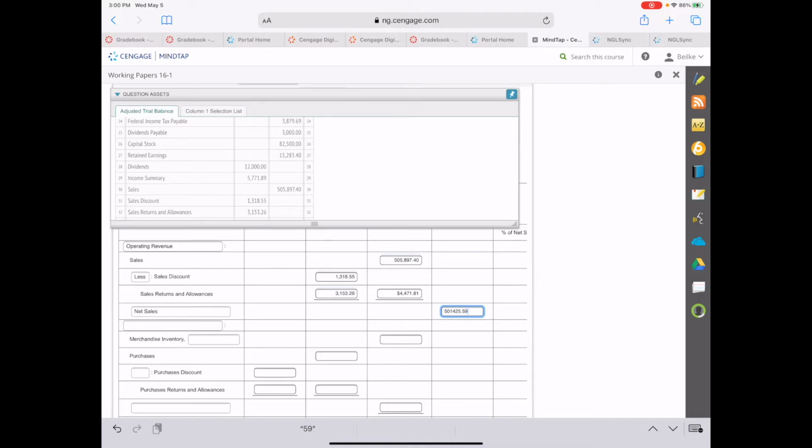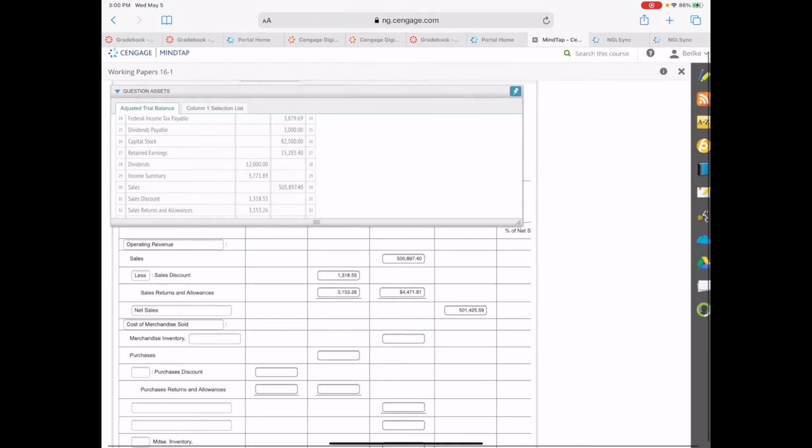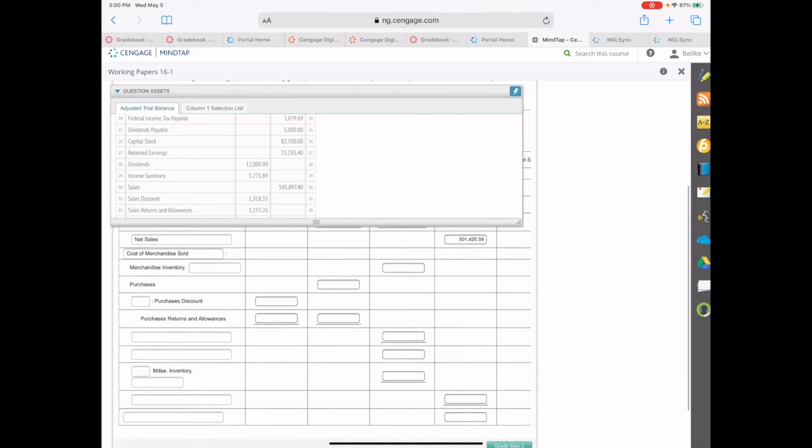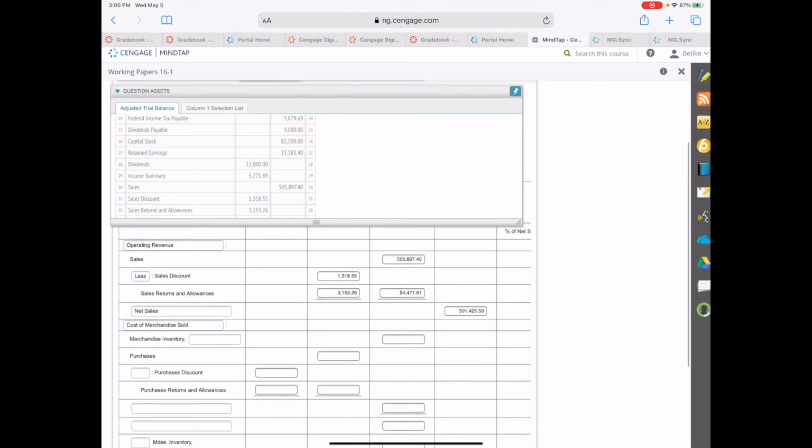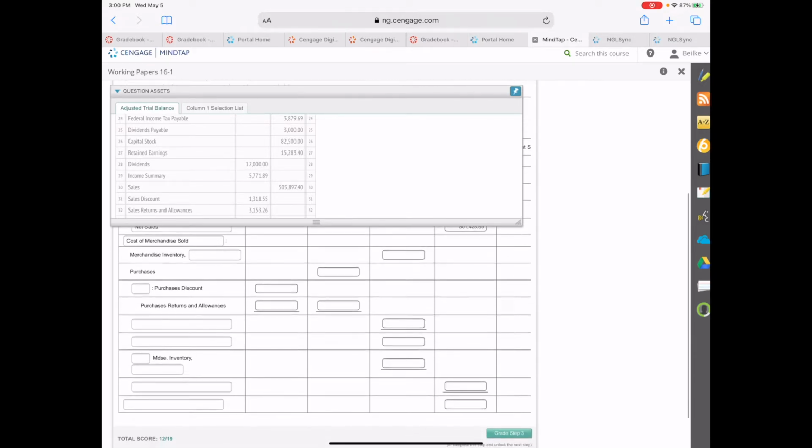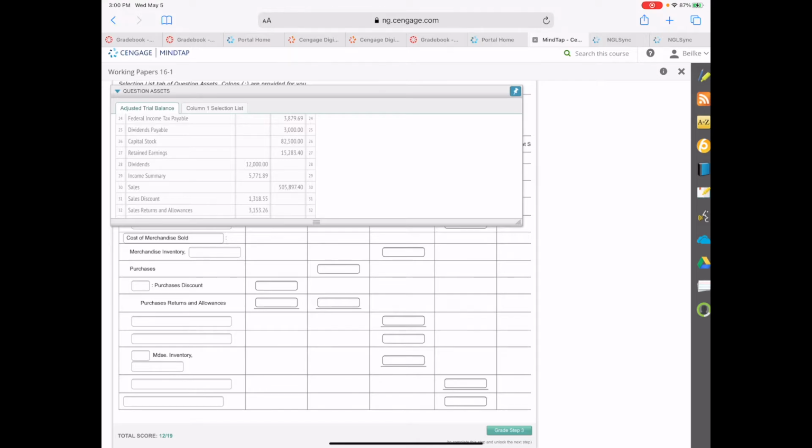Okay, so that's how we figure out our net sales, and then we're going to come up with our cost of merchandise section. Okay, and you can notice that this is a heading. It has the colons after it, so therefore it is a heading. So our net sales is done. Now we're going to figure out what did it cost us for that merchandise that we sold.